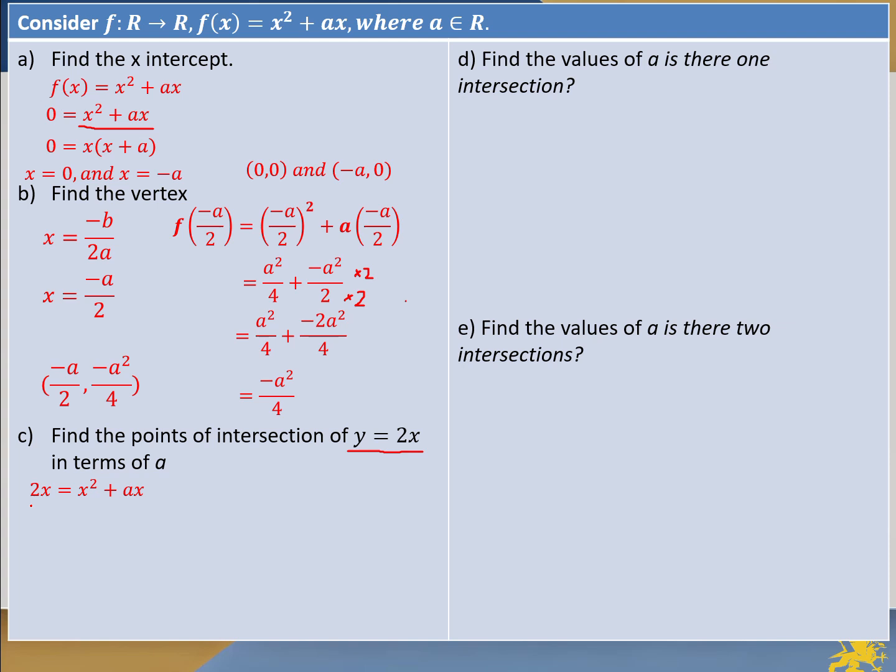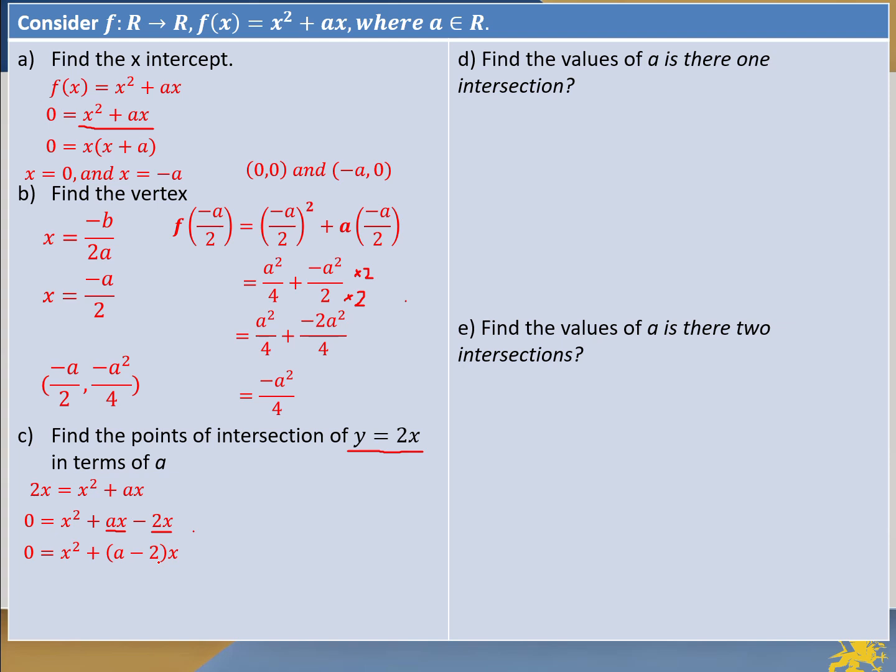To start off with, I'll get 2x to the other side, so it equals 0. The next part I'm going to do is I can see that ax and 2x both have x. So I really need to know what my b is in my quadratic. So I will factor that x out. Now I can see my b is a minus 2.